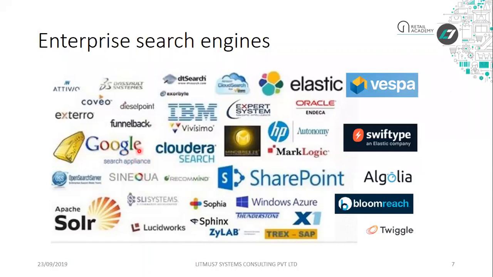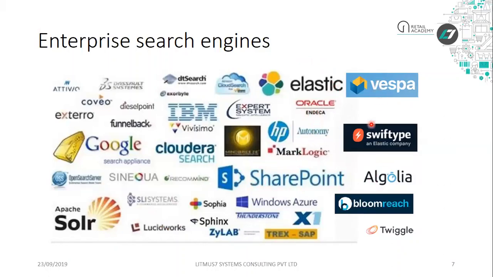Instead of that, Google Cloud Search is available, and Apache Solr is there, and customized Solrs are also there. This is the open source version of Apache Solr, and Lucid Works, for example, is a customization, the enterprise version of Apache Solr, where they have given some customization on top of Apache Solr. And Elasticsearch is there, Oracle Endeca is there.